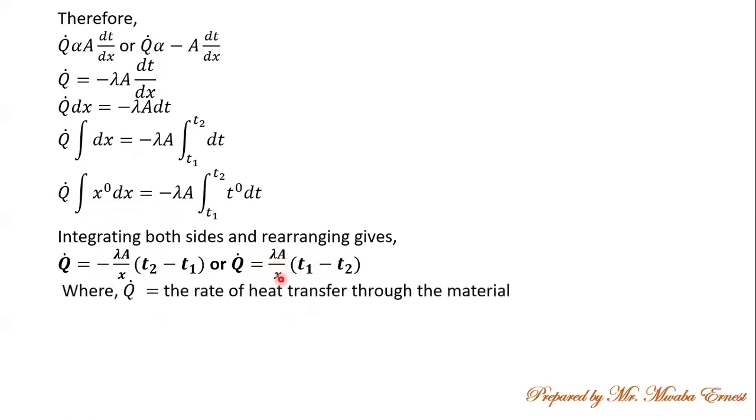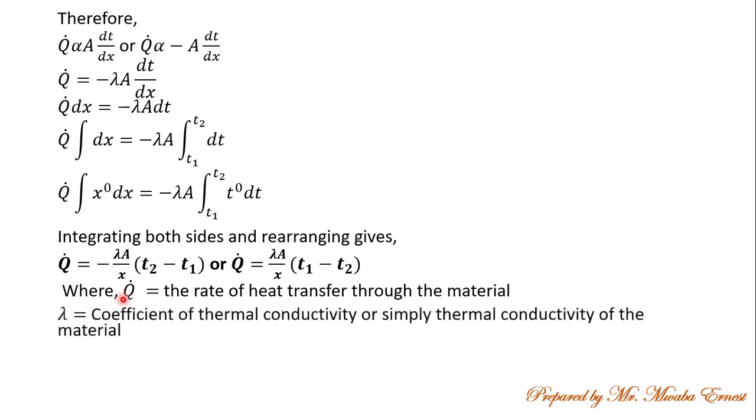Now, what are they representing? This is the rate of heat transfer, meaning in watts or joules per second. Then I also have lambda, which is the coefficient of thermal conductivity. Some of the books that you'll be using, instead of this, use the letter K. The interpretation is the same. We just need a constant that will help us to differentiate different materials.